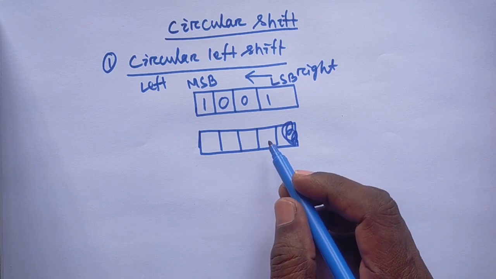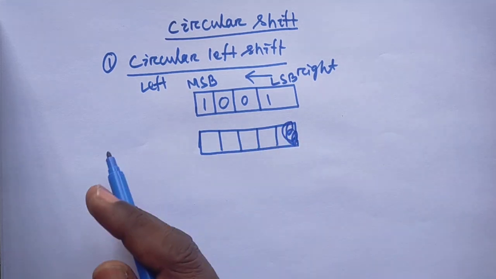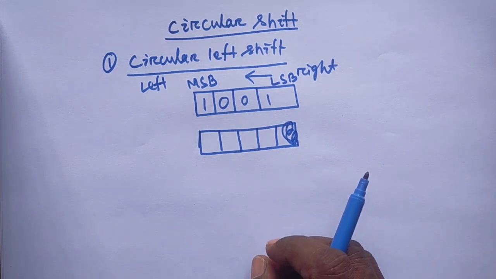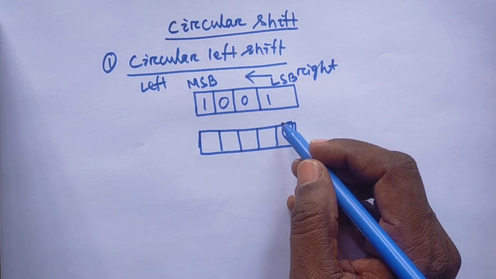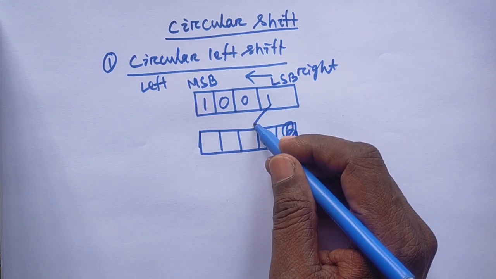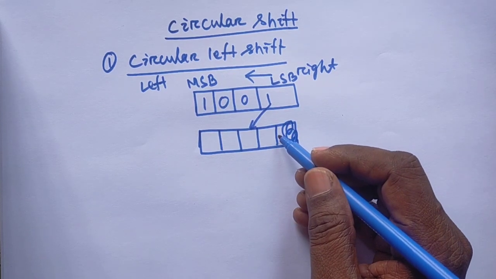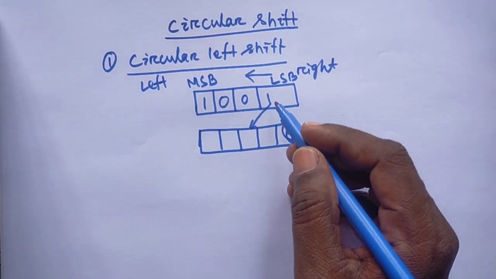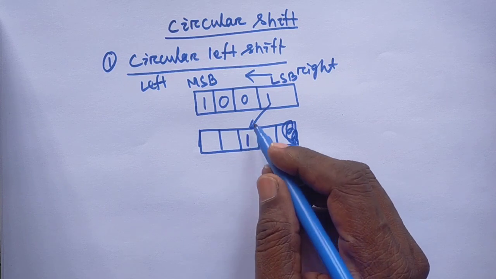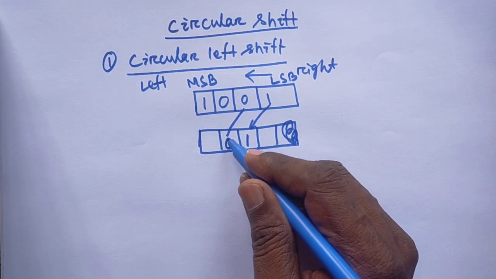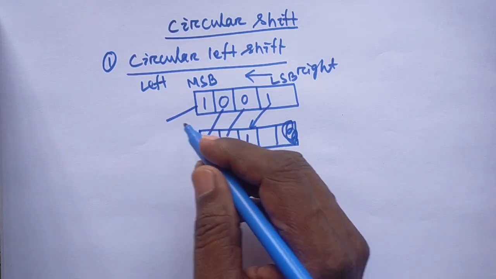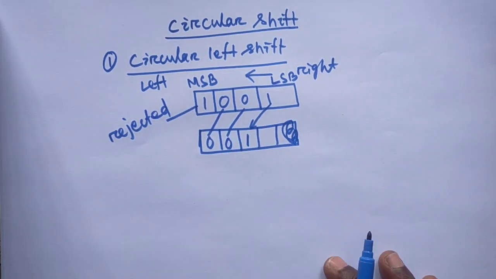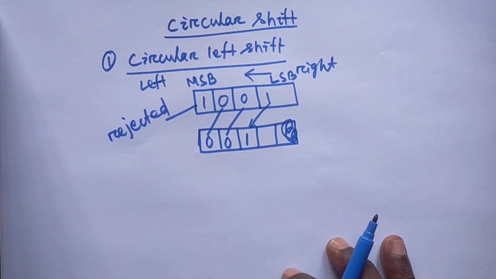If we shift right to left, each bit shifts one position to the left, because the first position cannot be occupied, so it will be 1, again similarly 0, and 0, and this one is rejected, as per the logical shift, we know that.